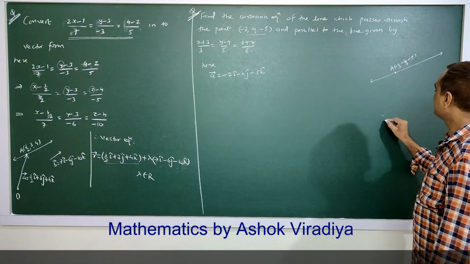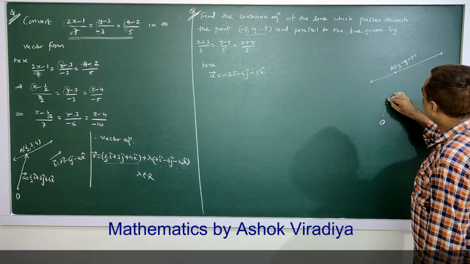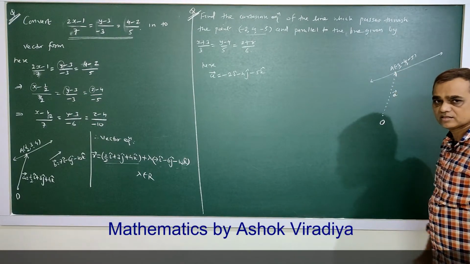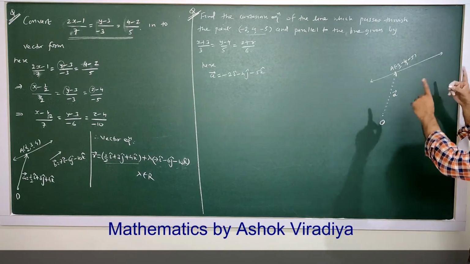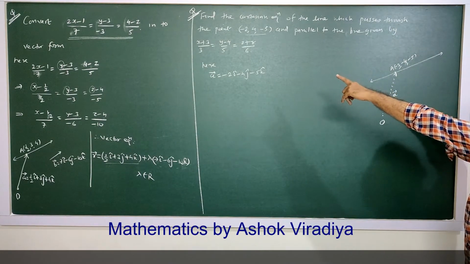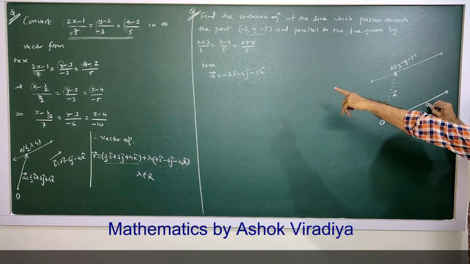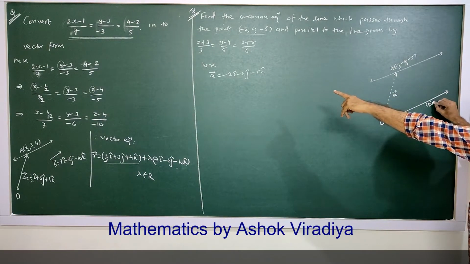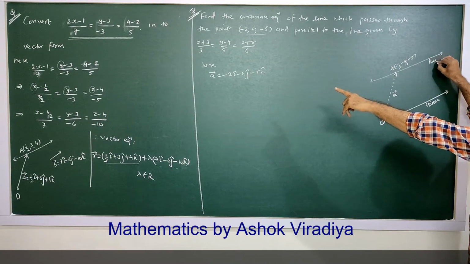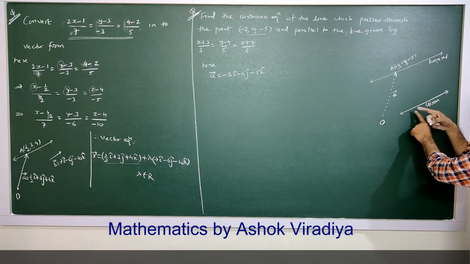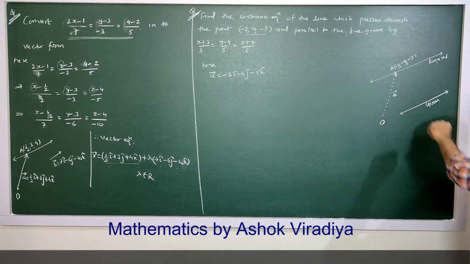Somewhere here, if there is origin, then this will be the position vector of vector A. Now this line is parallel to this given line. This is the required line.